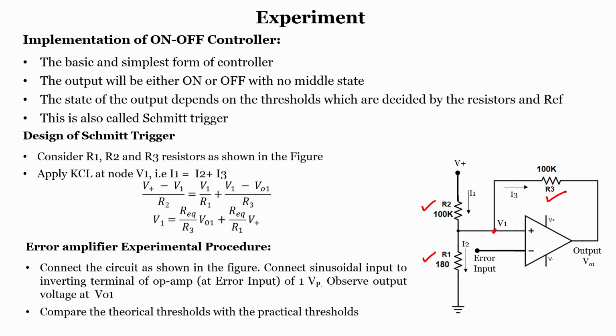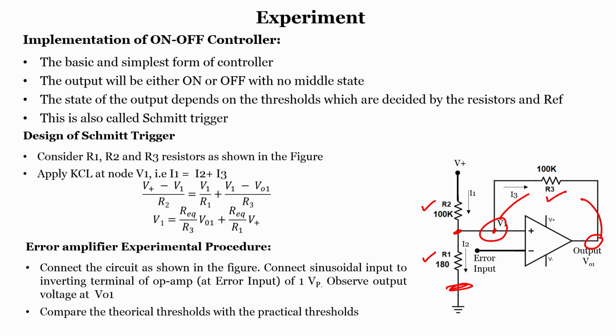Now, if we substitute the value of I as V by R, I1 is (V plus minus V1) by R2, equals I2, which is V1 by R1, plus I3, which is V1 minus VO1, the output voltage, divided by R3. If we equate this, then we have V1 equals R equivalent by R3 times VO1 plus R equivalent by R1 times V plus.